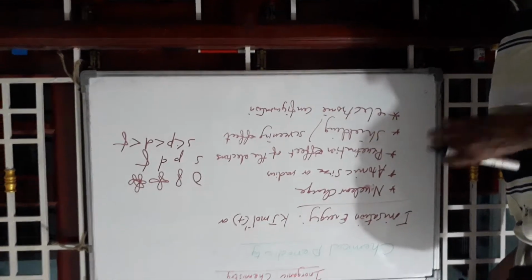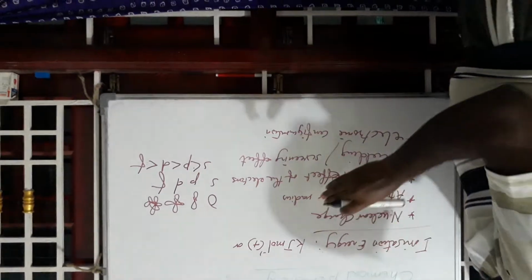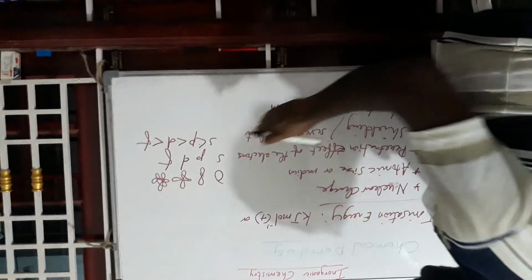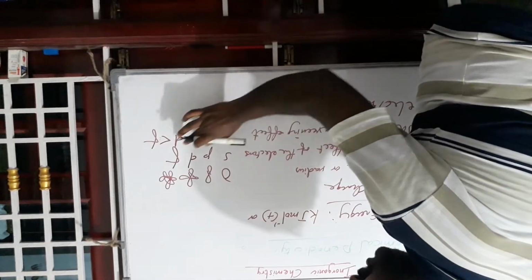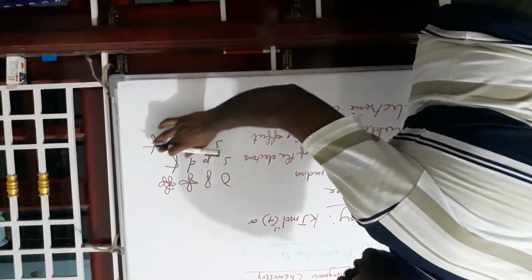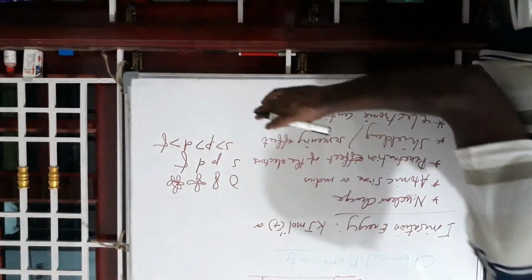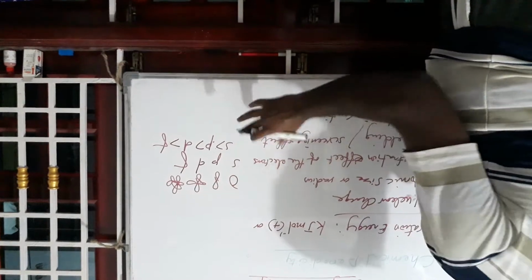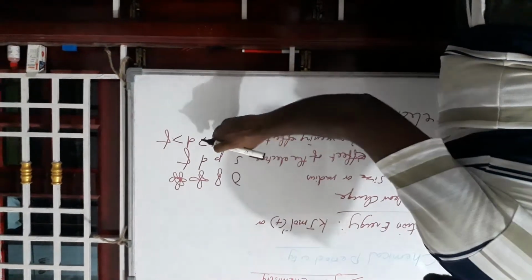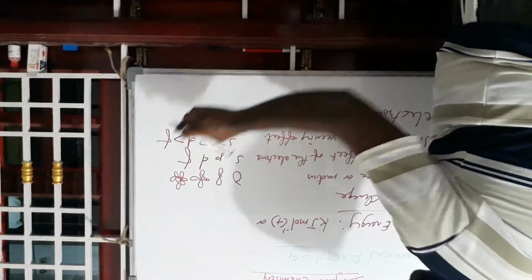The penetration effect of the electron for a particular orbital is like this: the s orbital penetrates more toward the nucleus, then p, d, f.